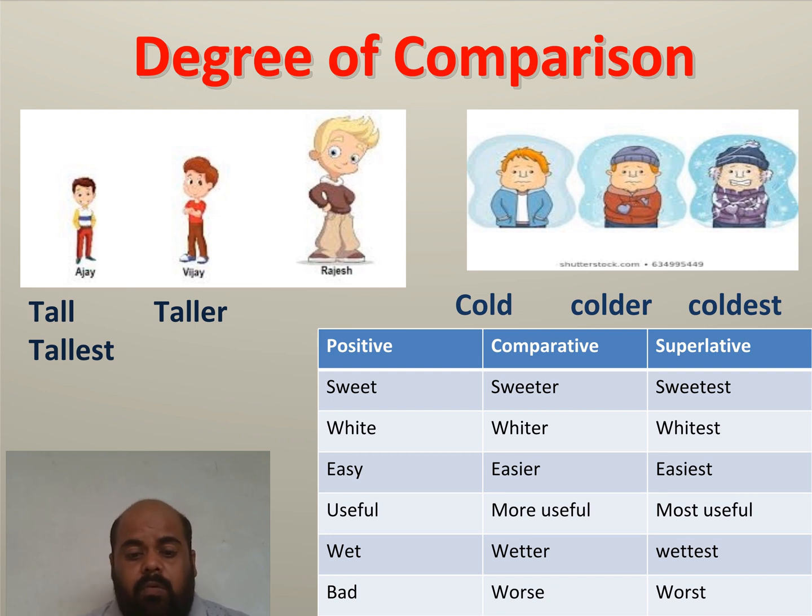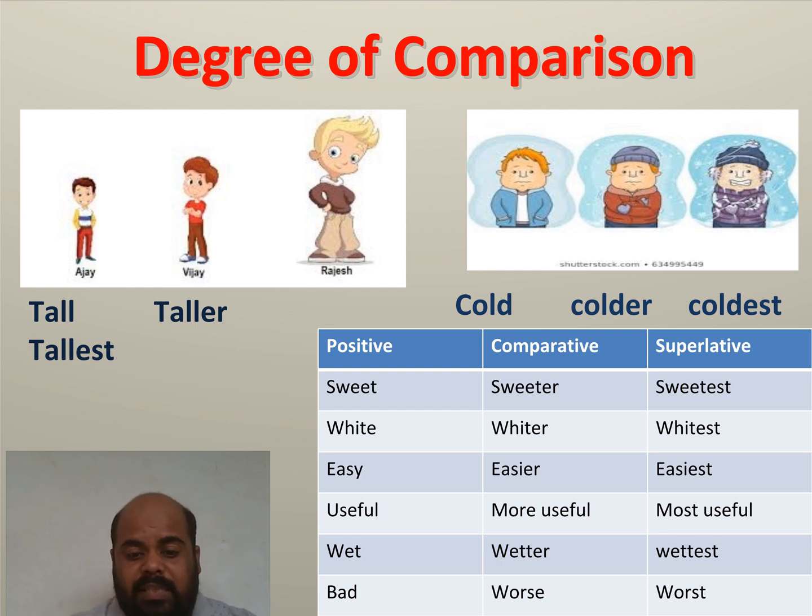In other examples: white, whiter, whitest; easy, easier, easiest; useful, more useful, most useful; wet, wetter, wettest; and bad, worse, and worst.